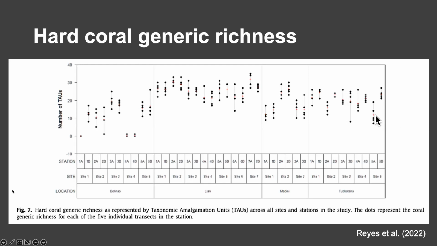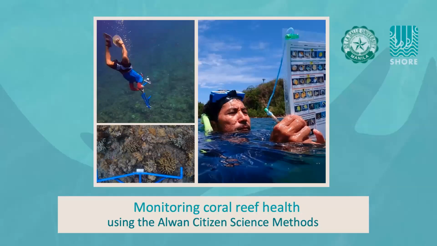Okay, unlike 5A in Tubataha, ang taas ng cover, ang baba ng diversity. And this is due to thermal effects, upwelling, that sort of thing.